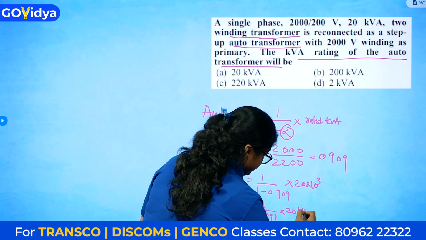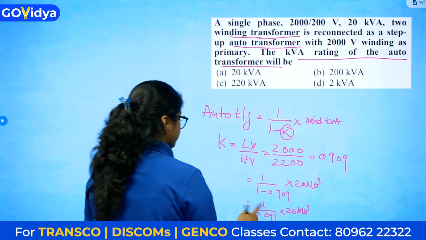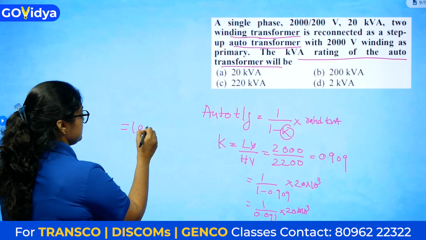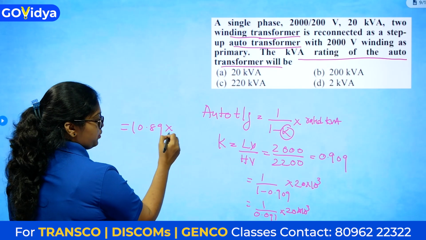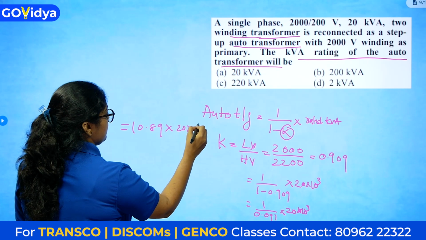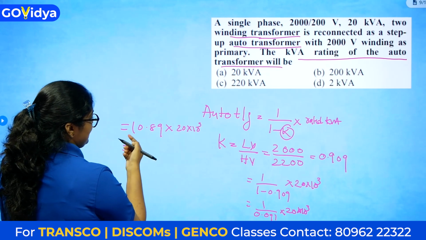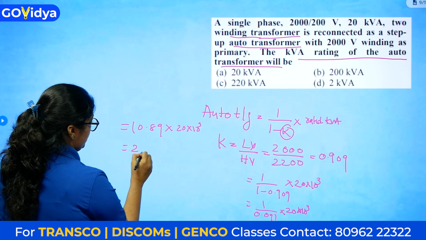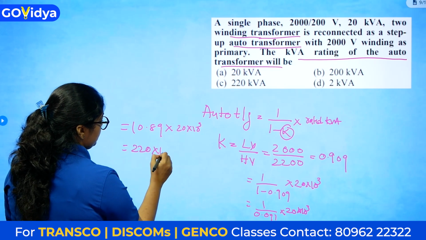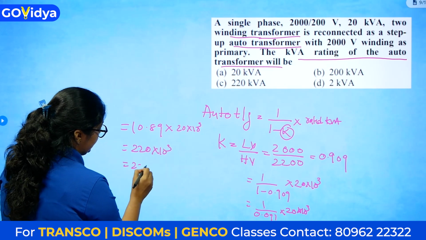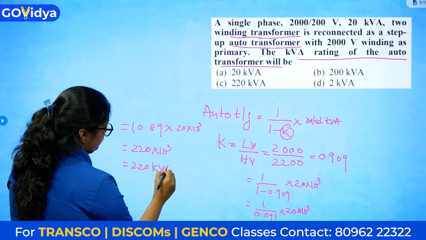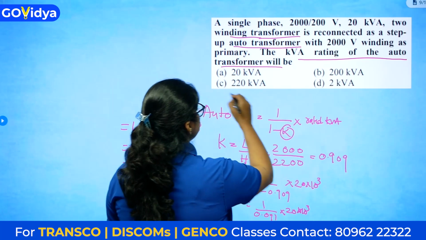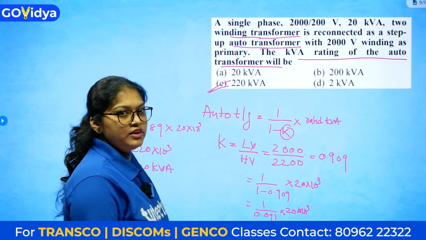You will get nearly 10.89 into 20 kVA, which is about 11. So 11 into 20 you will get 220, that is 220 kVA. So option C matches, 220 kVA.